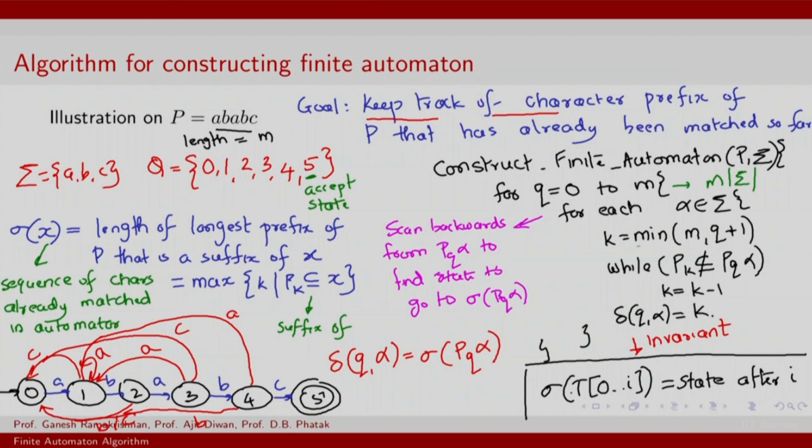Well, I will need to keep going back on the k, and in the worst case I might have to go back all the way to the left. So the third aspect is this while, which will again incur a factor of m, which gets multiplied, and finally even to check whether pk is prefix that matches the suffix of pq alpha, I might incur in the worst case an order m operation. So again multiplying this with m, the overall complexity is m cube sigma.